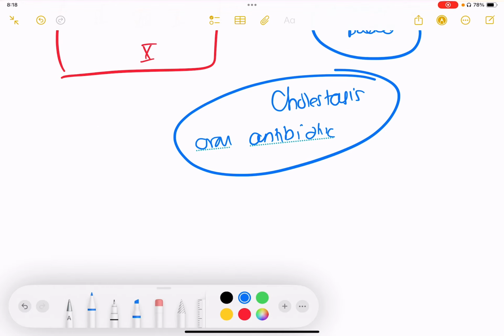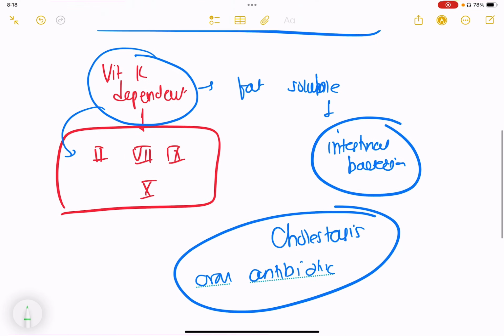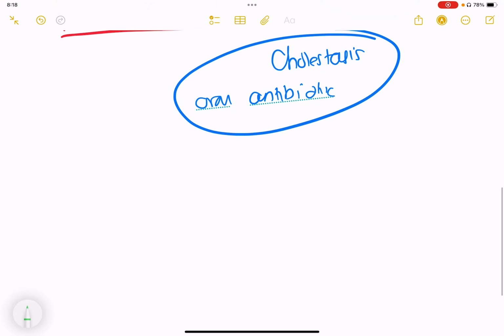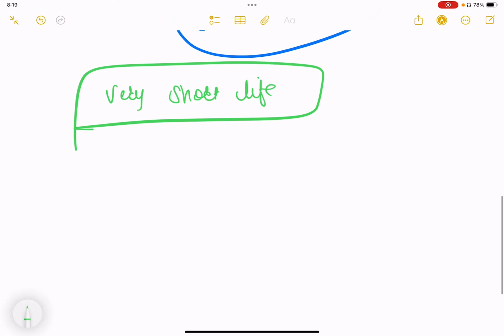So all the coagulation factors except von Willebrand factor and factor 8C are produced in the hepatocytes, and almost all these clotting factors have a very short half-life. So if the liver stops producing these proteins, these clotting factors, the coagulopathy automatically starts setting in within a few hours.